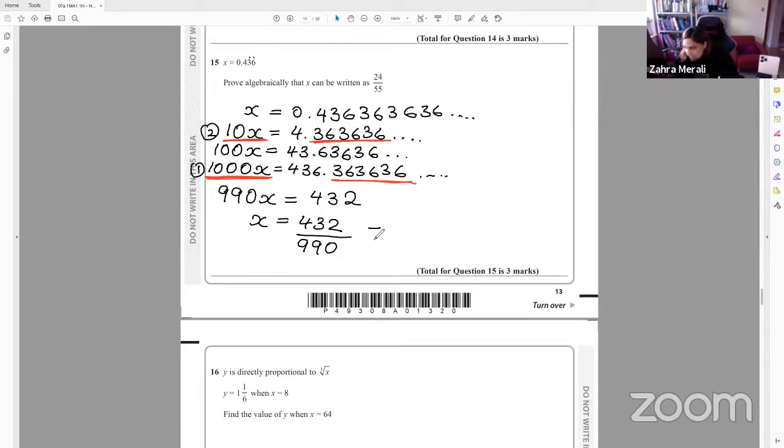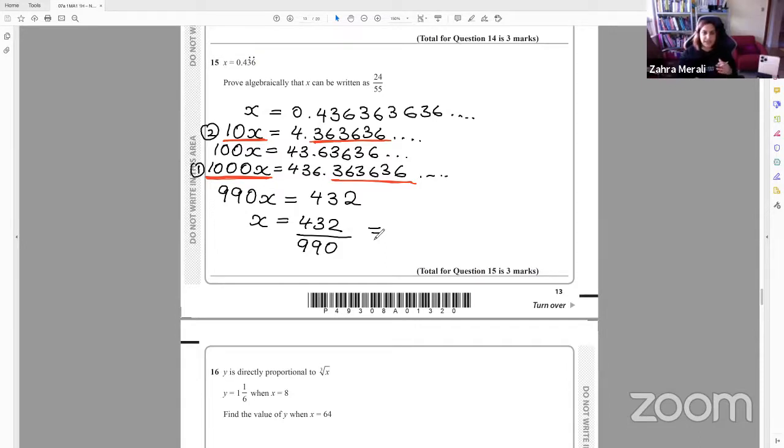Now, because they've told us that it's 54 over 55, you could actually say how many times it goes in, but say they didn't and it wasn't obvious for you to see. You'd say, what do I know that both of these go into?